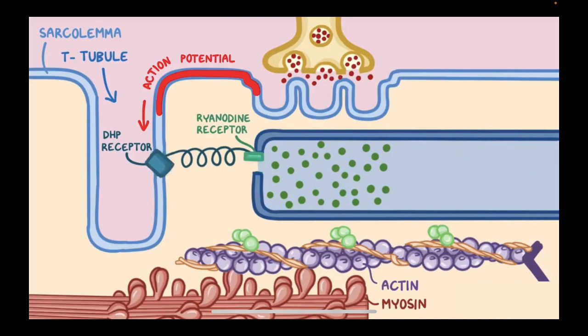Once they change shape, this influences the ryanodine receptors to change their shape. It is a calcium channel which indirectly opens. This allows the large quantity of calcium stored in the sarcoplasmic reticulum to start flowing into the sarcoplasm.